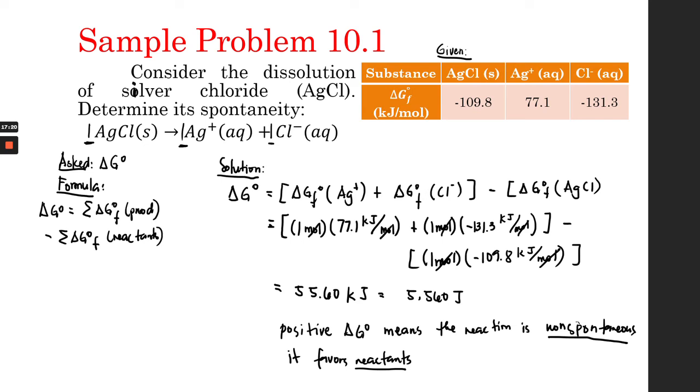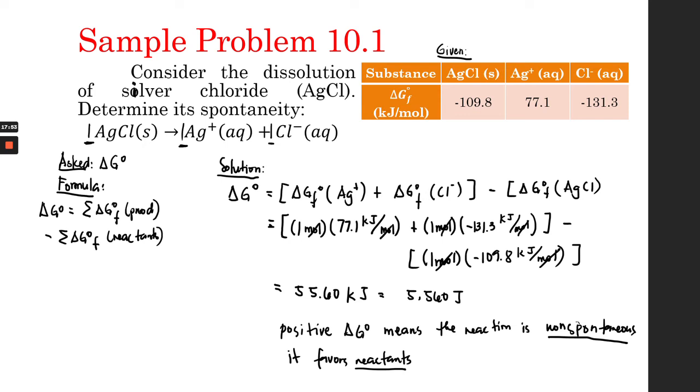And when it favors the reactants, it means AgCl, or silver chloride, does not easily dissolve. If you added AgCl in water to dissolve it, it doesn't usually dissociate. Ag and Cl do not easily dissociate. So we usually would have more reactants than products in this case, especially because we have quite a big delta G.